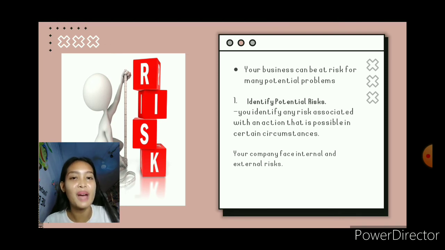I will explain it again. If you know all of this internal and external risk, then you have to put an action to it, so that you would be able to reduce the risk on your business.